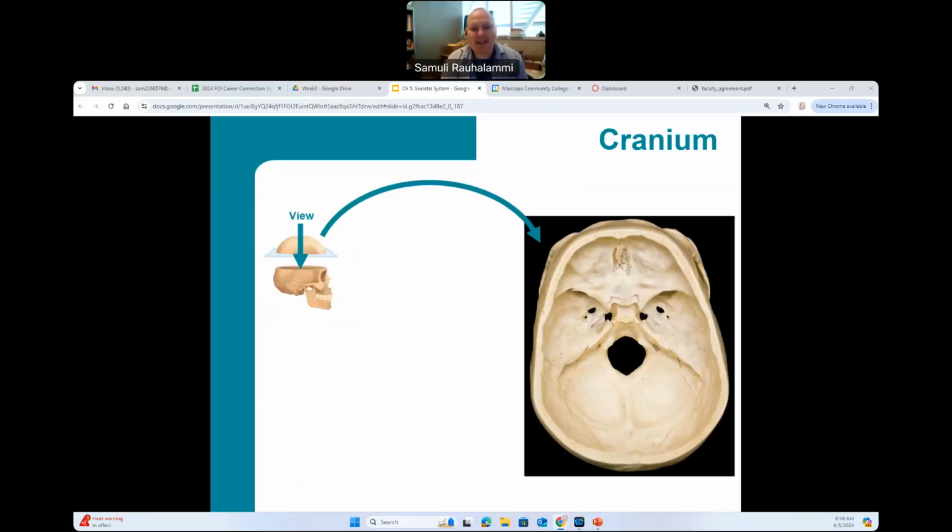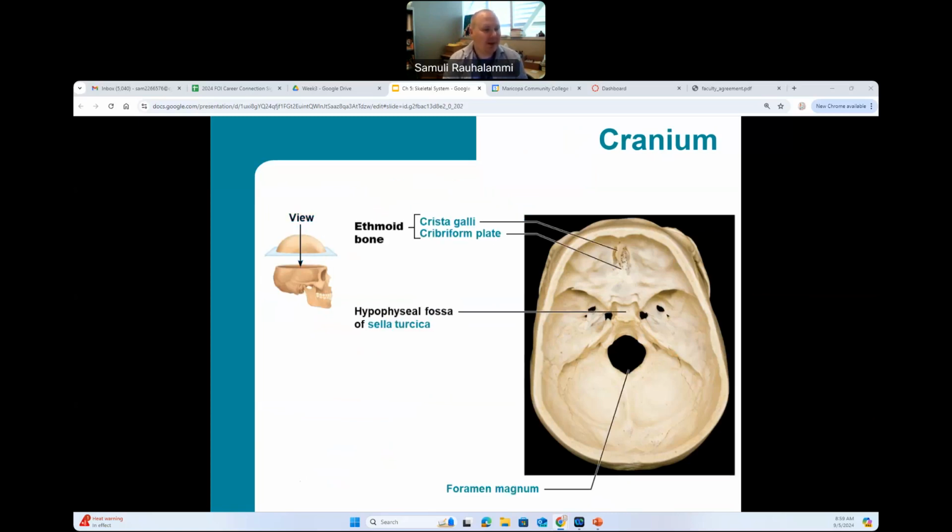Here we're seeing inside the cranium, and I just wanted to highlight a few structures. There are multiple openings for various vessels and nerves to pass through. We can really see those structures above the nasal cavity that we discussed earlier on. We're also seeing the foramen magnum, a nicely prominent, large hole there.